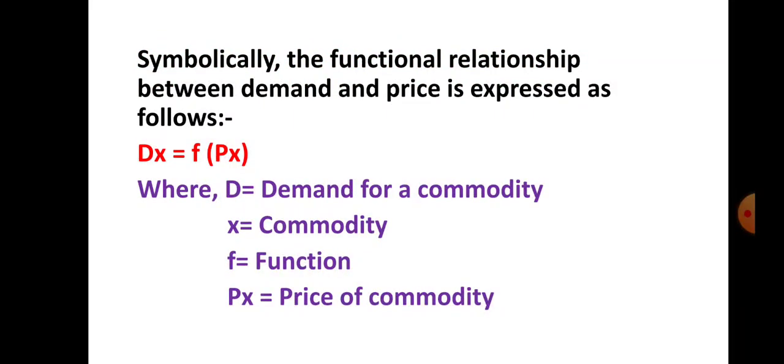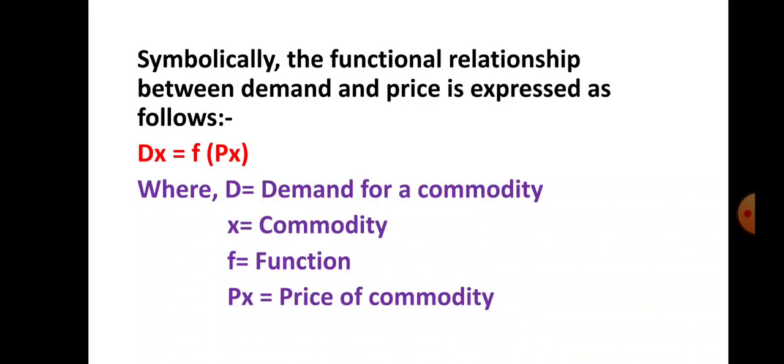Symbolically, the functional relationship between demand and price is expressed as follows. Functional relationship between two variables, demand and price. So what is a functional relationship between demand and price? There is an inverse relationship between demand and price. It means when price rises, demand falls, and when price falls, demand rises. So symbolically, the functional relationship between demand and price is expressed as follows.